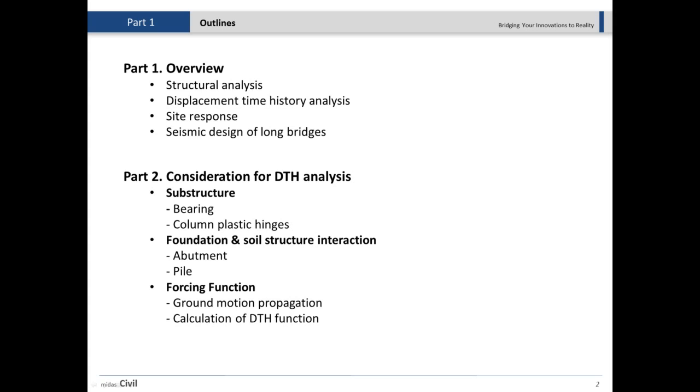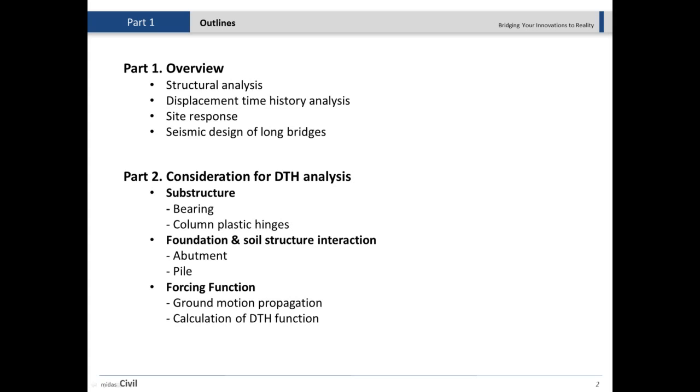Then talking about the next part, we'll be talking about that if we are doing the displacement time history analysis, what are the considerations that we have to keep in mind and satisfy for running a correct analysis, because when it comes to the nonlinear type of time history analysis, you most probably need a strong software that can help you with the modeling and setting up all those nonlinearities and different type of forcing functions that you need.